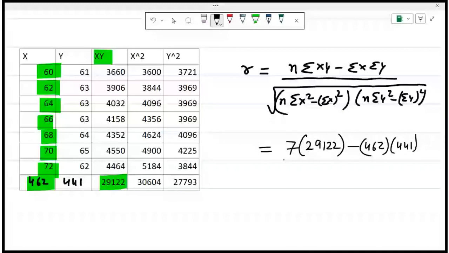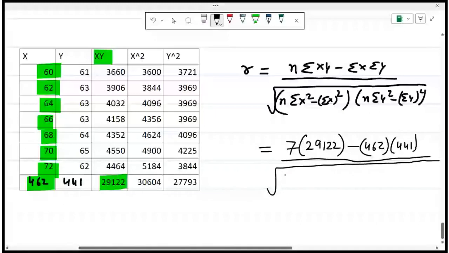And this is divided by under root of n, where n is 7, into sum of x square. You can see this is x square and the sum of x square is 30604, minus sum of x whole square. So sum of x is 462, so 462 square.